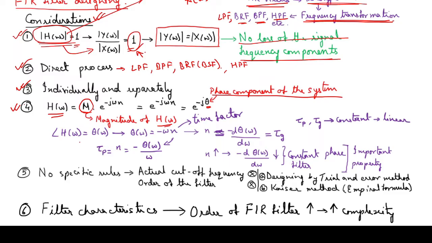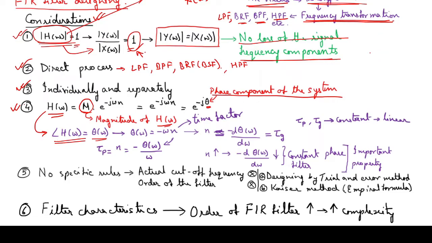Now we have seen that phase of H of omega, from the first equation we can see that phase of H of omega is equal to theta, but over here I have written theta of omega. Why? Because phase is also dependent on the frequency. Now why is it dependent on the frequency?